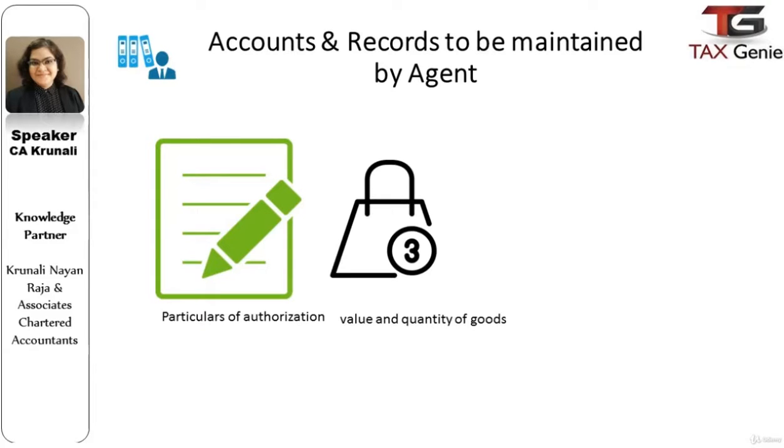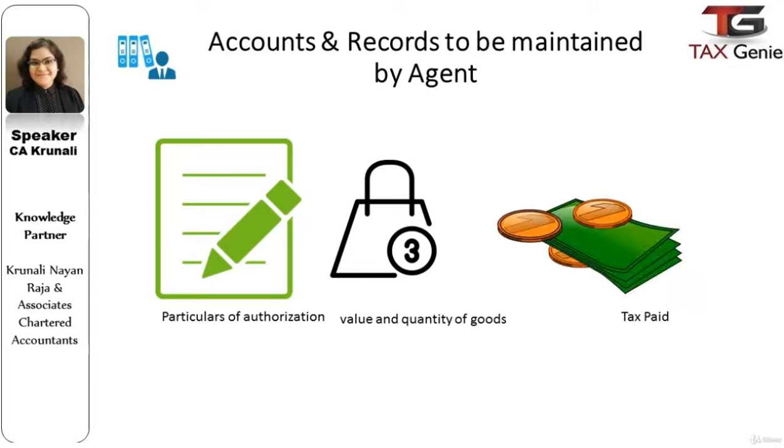They also need to maintain details such as description, value, and quantity of goods or services received and supplied. They need to have the details of all the accounts furnished to every principal. And finally, details of taxes paid on receipts or on supply of goods or services effected.